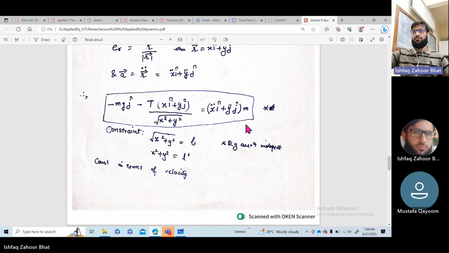Can you tell me? T, and the acceleration in the x direction and the acceleration in the y direction, that is x double dot and y double dot.